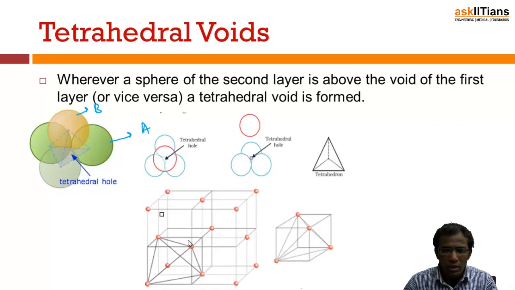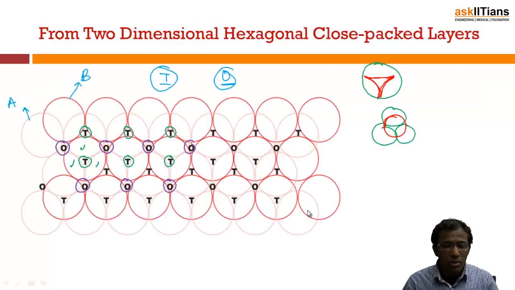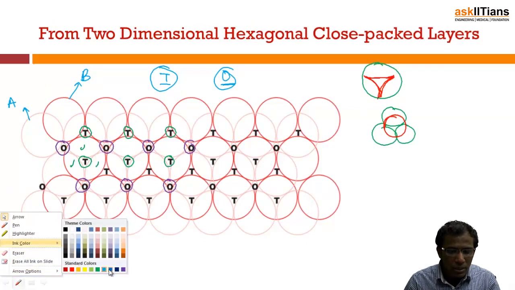So in the tetrahedral void, you can see these four particles are forming a tetrahedron. So there will be a void at the center of this tetrahedron. So this is about tetrahedral void. Let me go back, and you can see there are two types of tetrahedral voids.